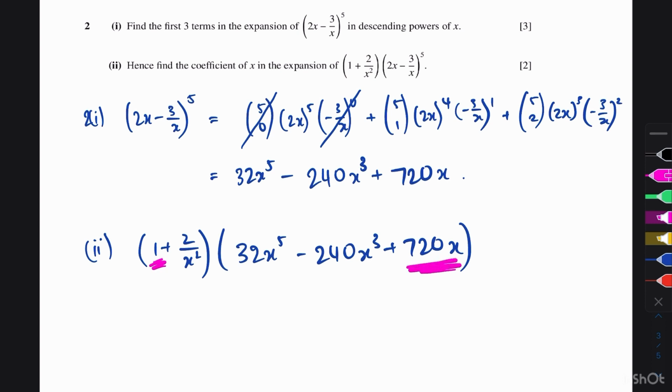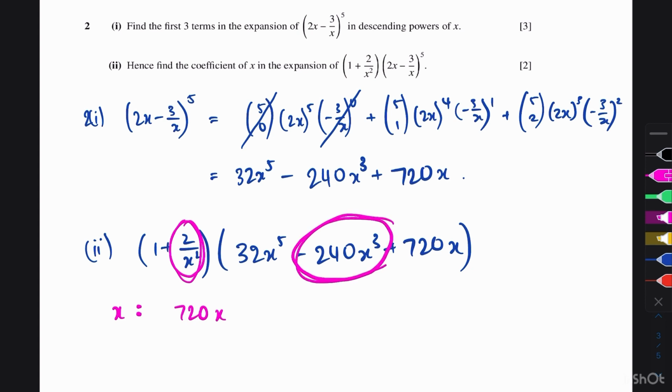So usually I just like to write x, and I just do this. And then I just write 720x, the first one, and now what can this multiply with to give us x? There's x squared on the bottom, so if we multiply it with the x cubed, that'll give us an x.